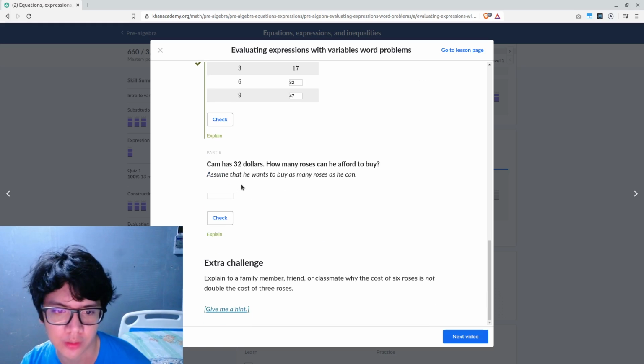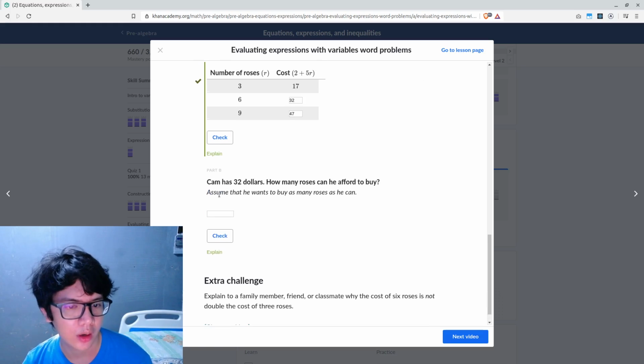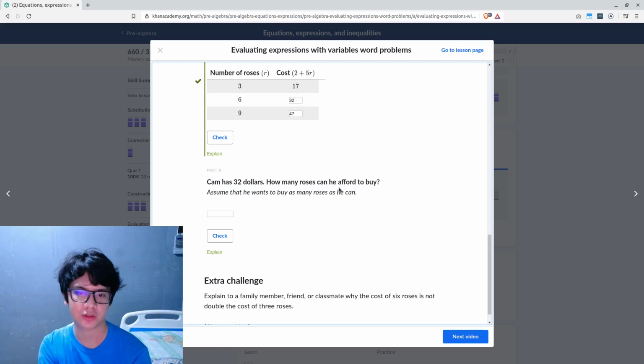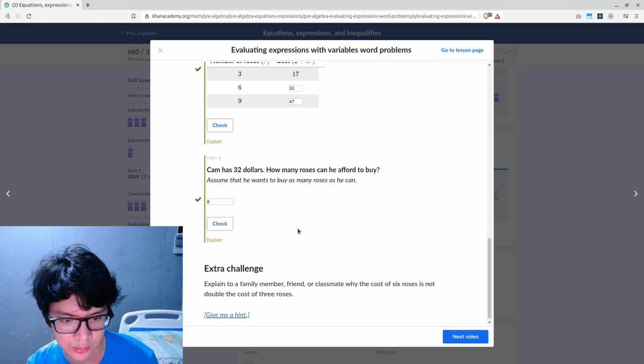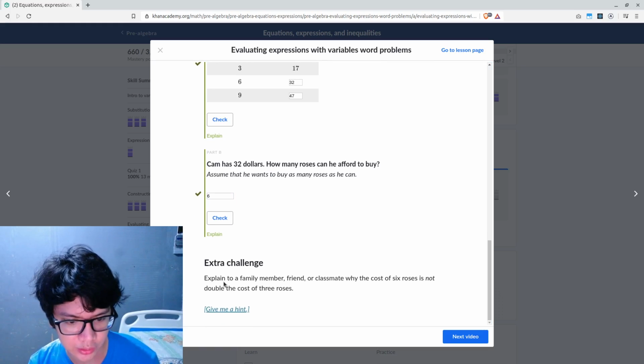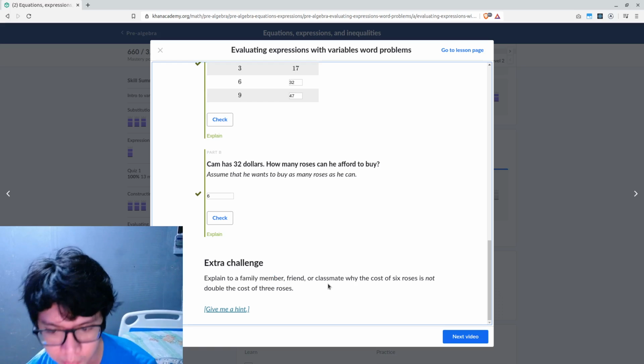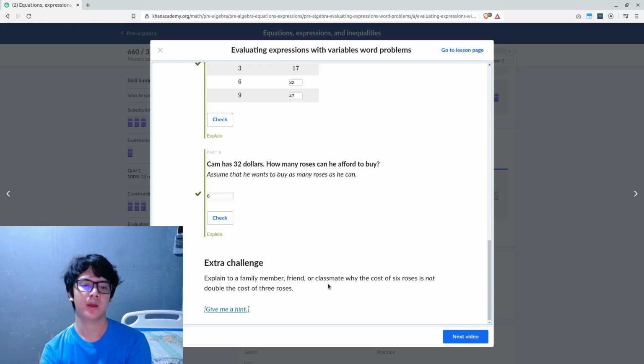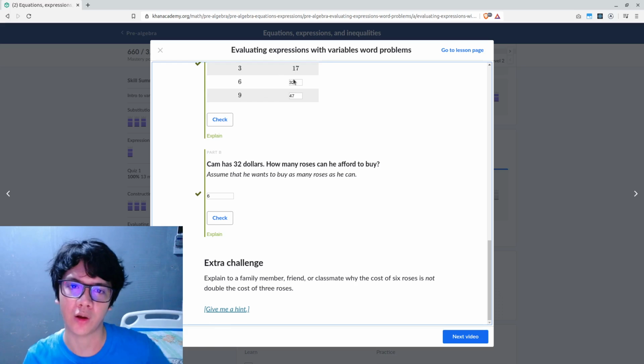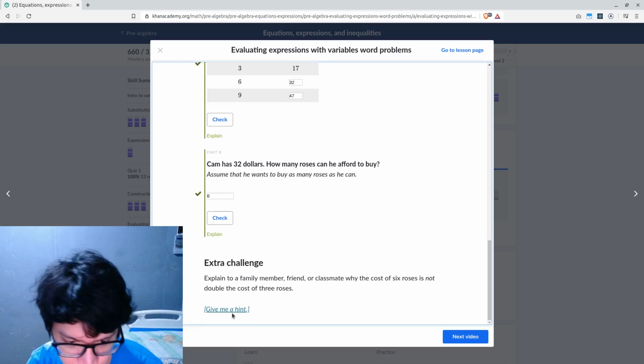How many roses can you afford to buy? Assume that he wants to buy as many roses as he can. Extra challenge. Explain to a family member, friend, or classmate why the cost of 6 roses is not double the cost of 3 roses. It's basically plus 2.